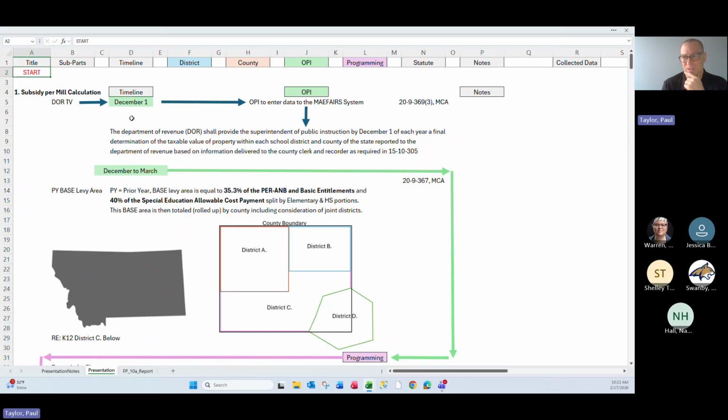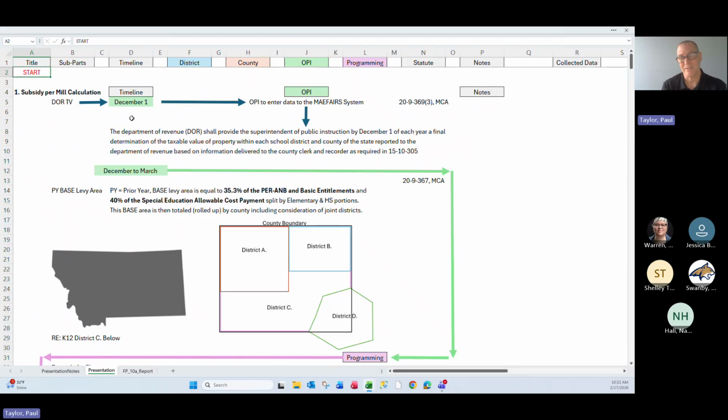And so what you end up with in August is differing taxable values for the statewide value that is different for elementary and high school. The situation with the December taxable value is there's no renegotiating the numbers. Department of Revenue goes and does a recalculation to get it nailed down on December 1.